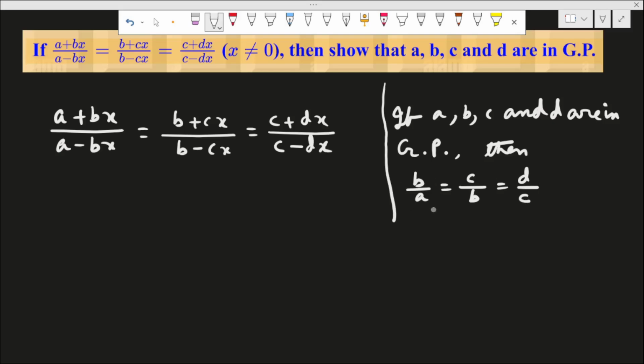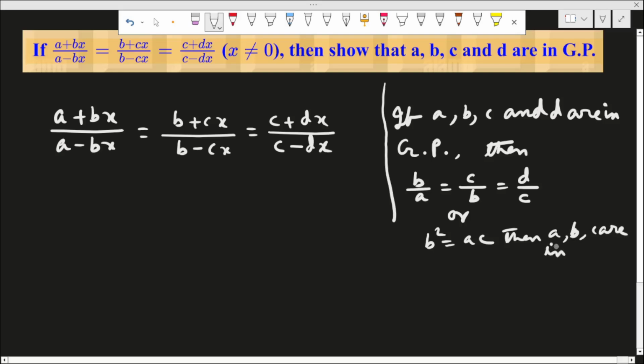That means we have to show this, or from this equation two at a time. First two, if we consider B square is equal to AC, then A, B, C are in GP.